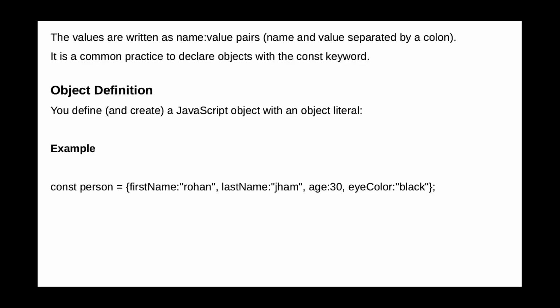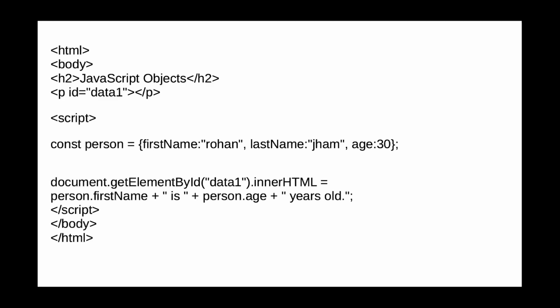First we use the const keyword, then person is the name of the object. In the braces we add multiple name and value pairs. So next, this is the example to create an object with object literals.